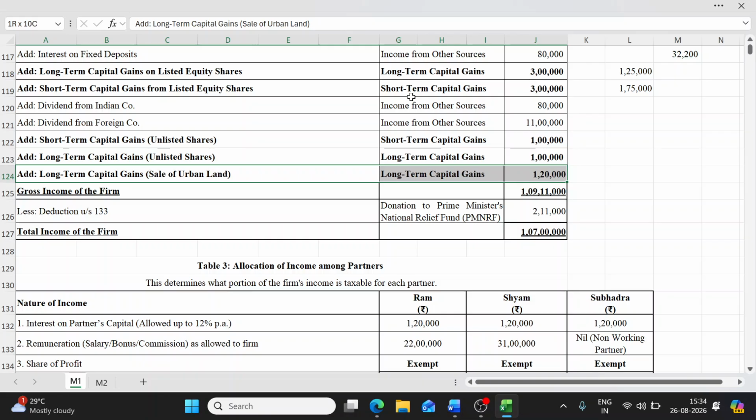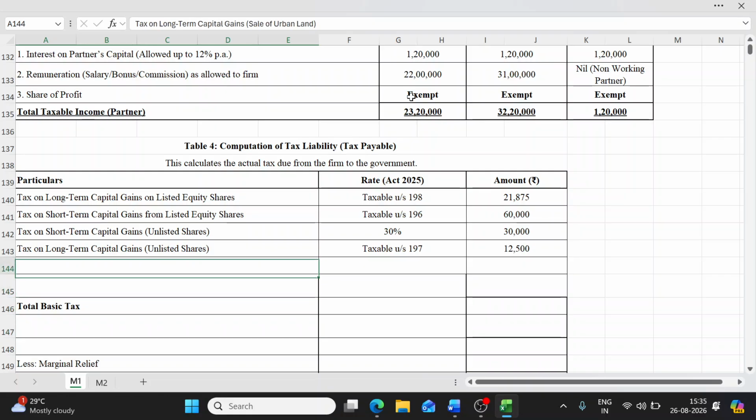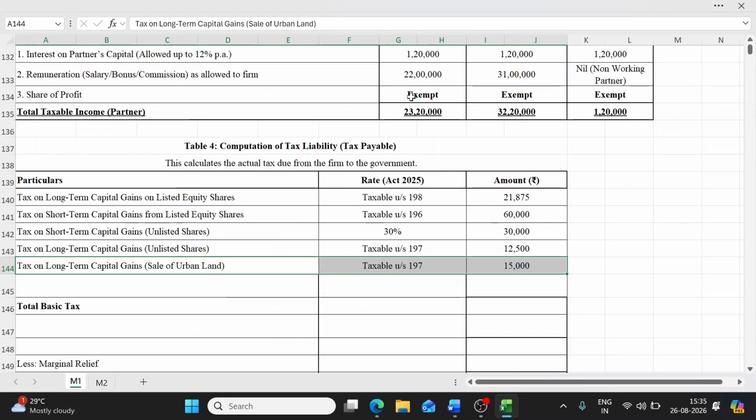And just now we read section 197, so we will apply 197 for the payment of tax on the long-term capital gain, that is 1,20,000. So again, at 12.5 percentage on 1,20,000, 15,000 rupees tax is payable.